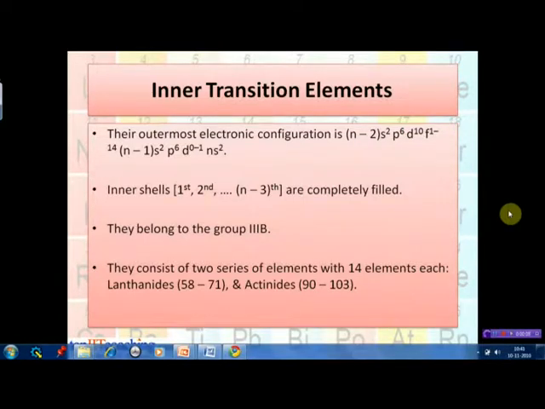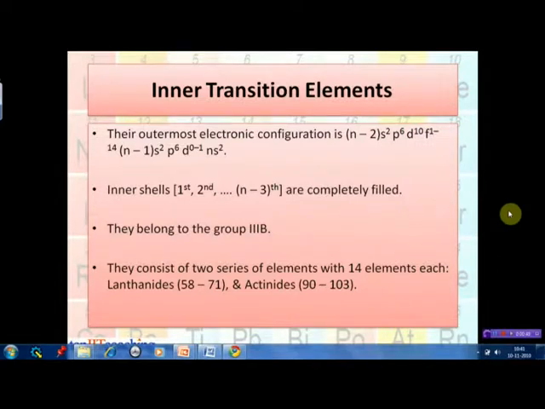The last group is the inner transition elements group, constituted by the elements of the f block of the modern periodic table. They belong to the group 3B. They consist of 2 series of elements with 14 elements each. The first inner transition series consists of elements from atomic number 58 to 71 known as lanthanides, and the second inner transition series consists of elements from atomic number 90 to 103.